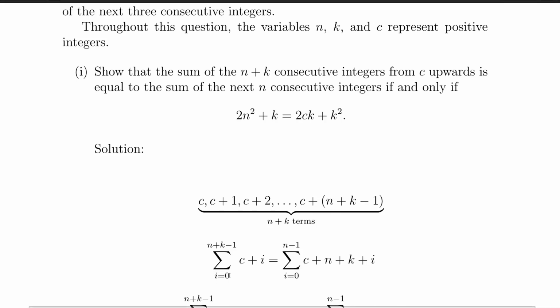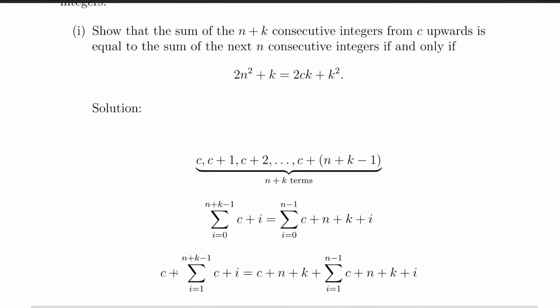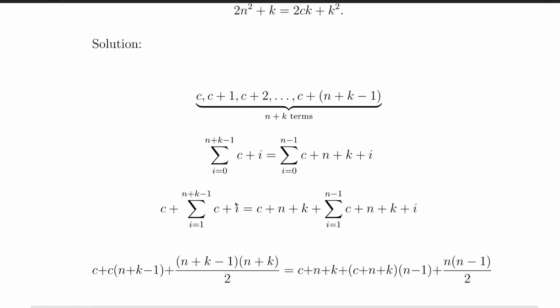So we need to get rid of the i equals 0 term, which we can just do by manually computing the i equals 0 term. So when i equals 0, you just get c, right? So then you can just put that outside, and same for the right-hand side. And then from here, you can use the formula n times n plus 1 over 2.